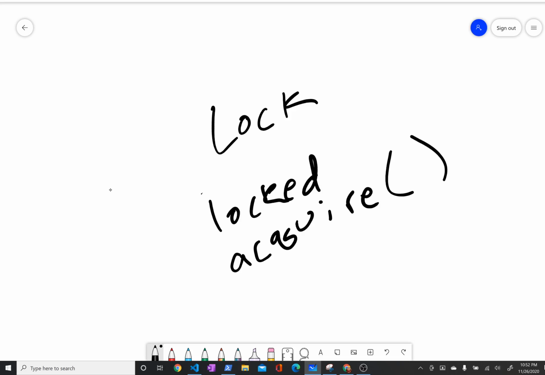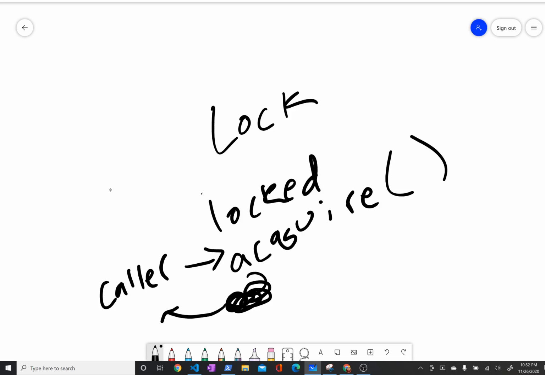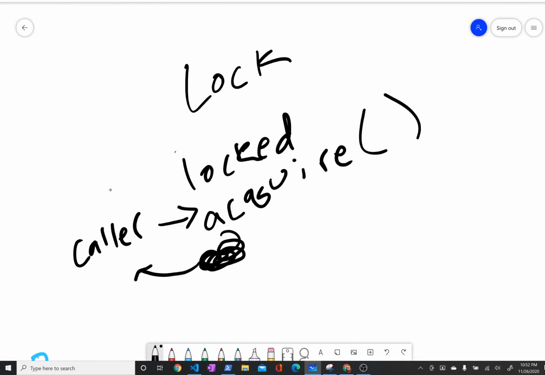So if the lock is unlocked, it immediately locks the lock and returns, and the caller can go on its way. If the caller calls acquire and the lock is already locked, then it's just going to wait. The function call will take as long as it takes for the lock to become unlocked, and then it returns and the caller can continue on its way.